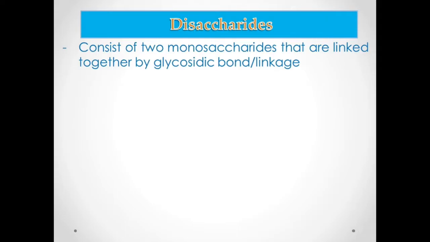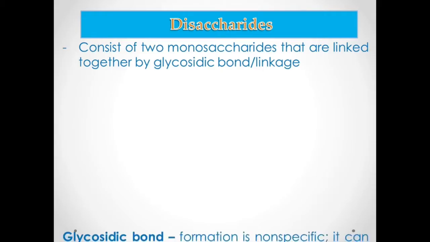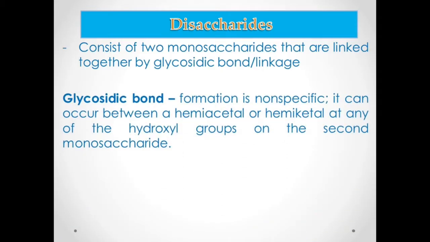Okay, so glycosidic bond formation is non-specific. That is, it can occur between a hemiacetal or a hemiketal and any of the hydroxyl groups on the second monosaccharide.